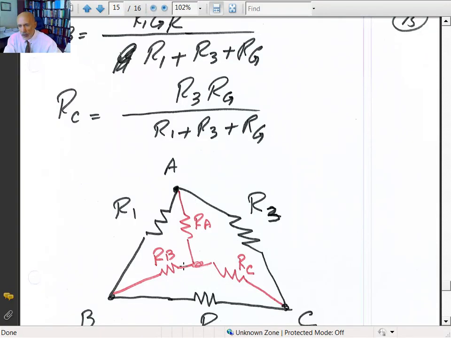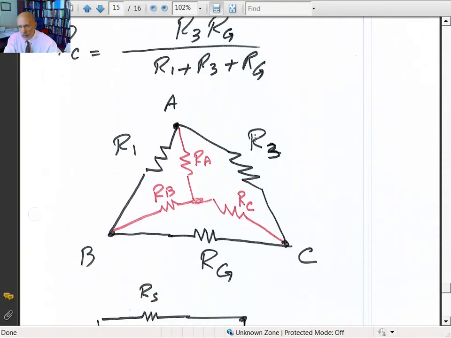So if I have R1, R3, and RG, and that's your delta, I'm going to put a Y right in the middle. You don't really need to memorize those equations, those three equations.